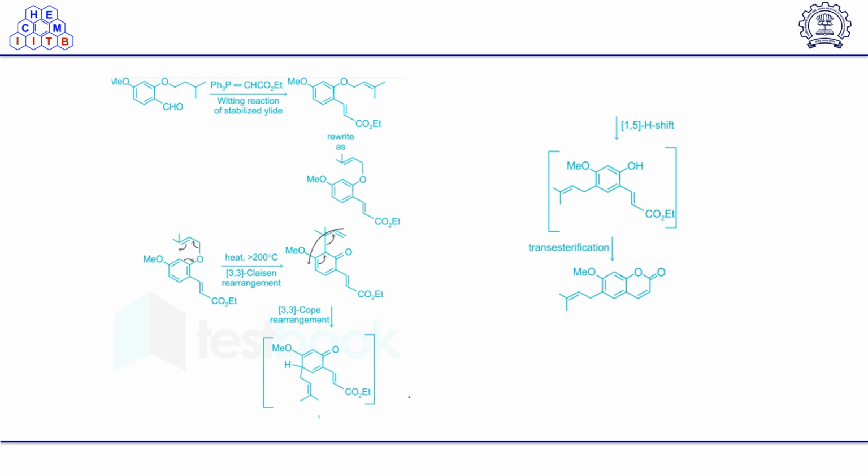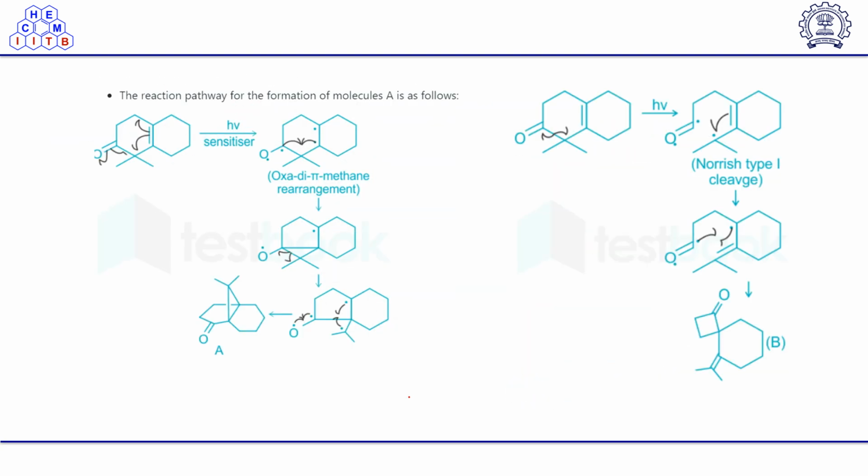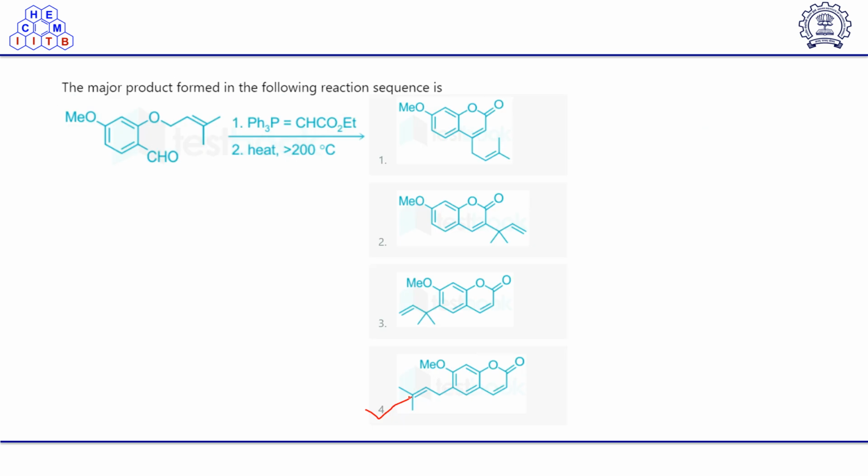Then 1,5 hydrogen shift so that aromaticity is regenerated, and then cyclization, that is transesterification. So this is the fourth question.